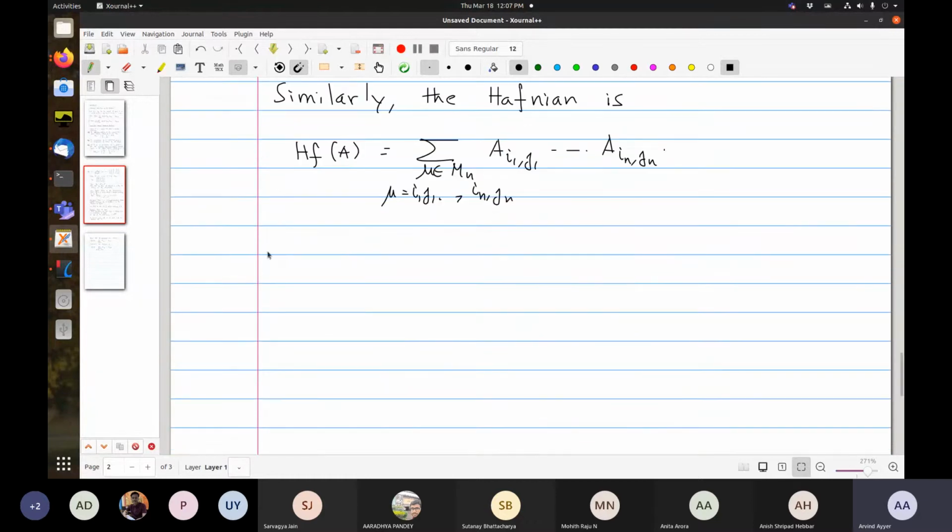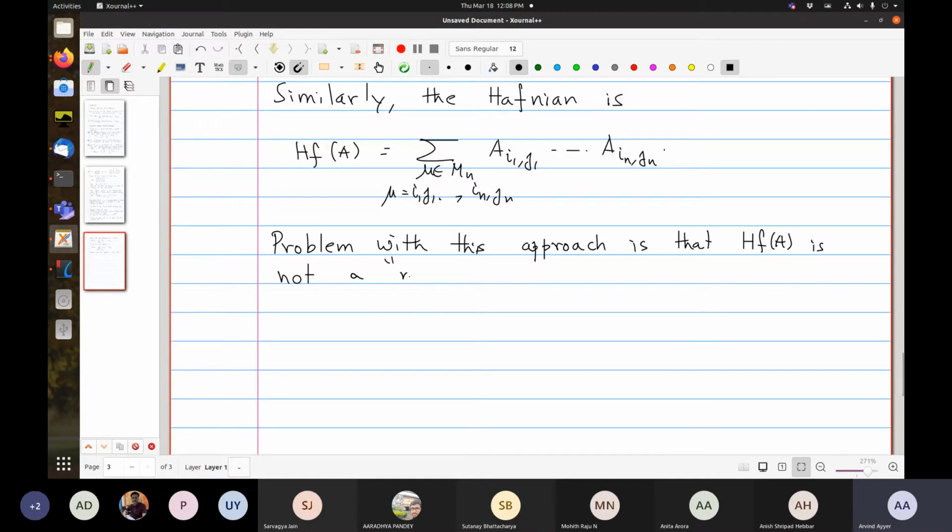What's the problem with this approach? The problem is that HF of A is not a nice object. It's very hard to do any computations. It's hard to prove any results for the Hafnian.